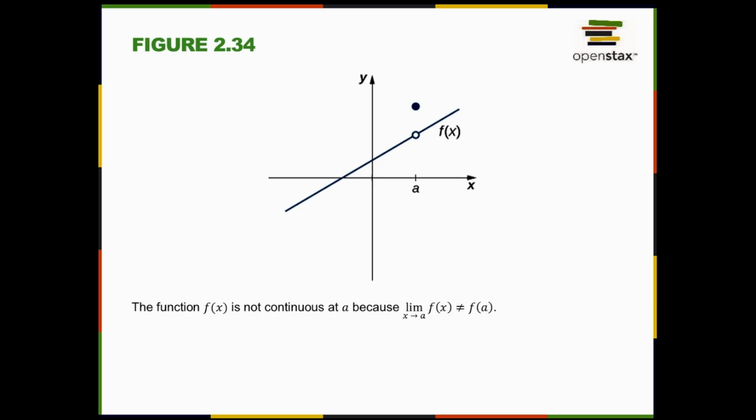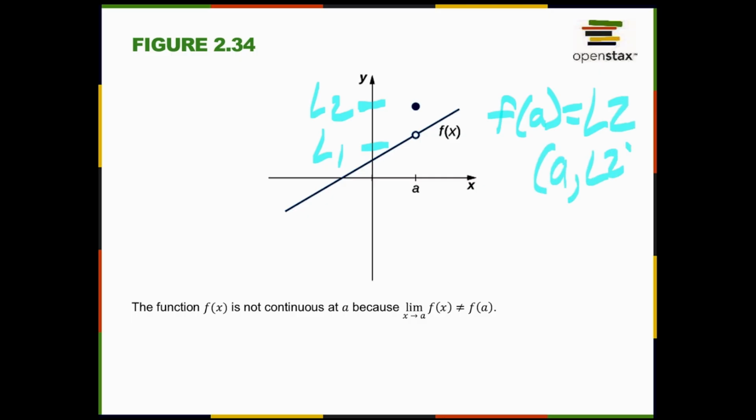So now we have a function that's defined at f of a. So let me call this L1. Let's call this L2. So we have a value of the function at f of a. We're calling it L2. So we have the point (a, L2). So that's defined.